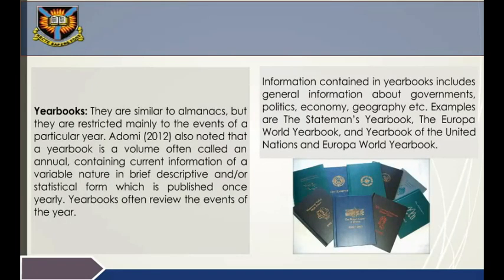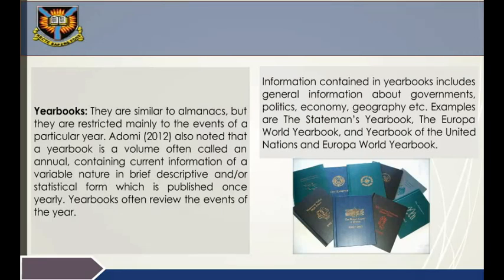Yearbooks. They are similar to almanacs, but they are restricted mainly to the events of a particular year. Adomi 2012 also noted that a yearbook is a volume, often called an annual, containing current information of a variable nature in brief, descriptive, and/or statistical form, which is published once yearly.